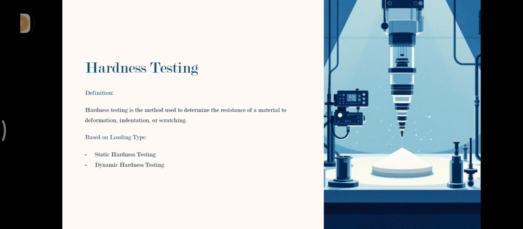By using some mathematical calculations, we give a number which is called the hardness number. Based on the loading, that means the force, the specimen is going to deform. So based on the source of loading, we divide the hardness into two types. One is static, another one is dynamic.